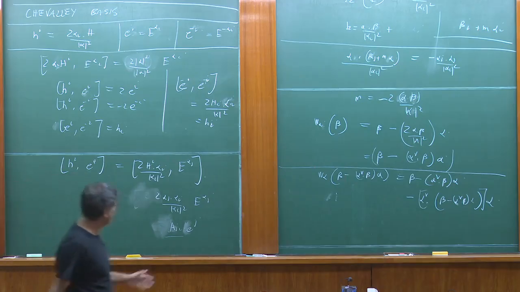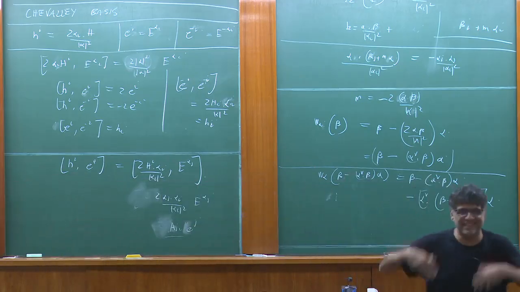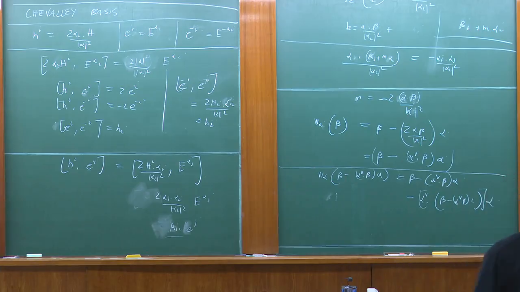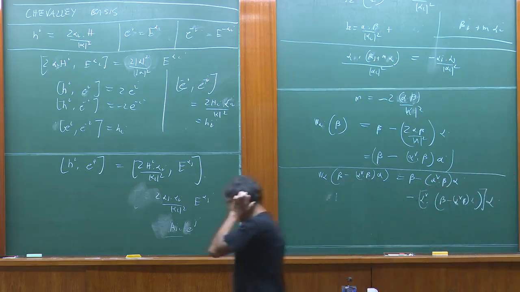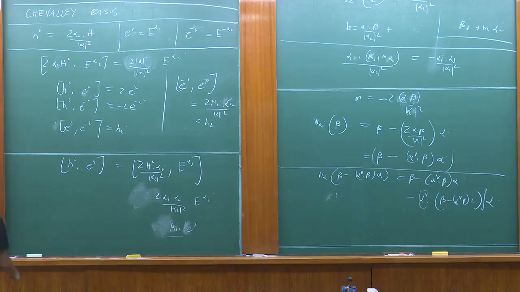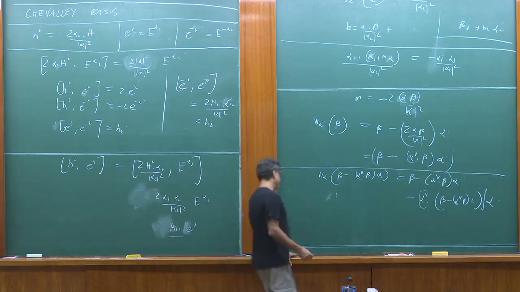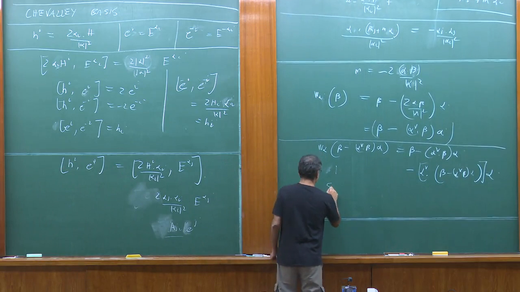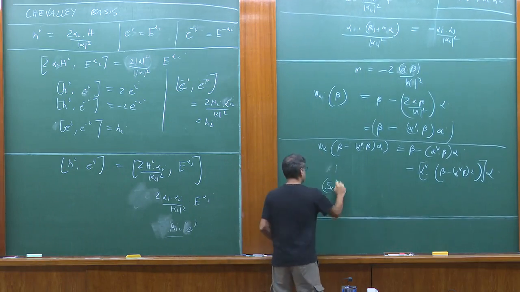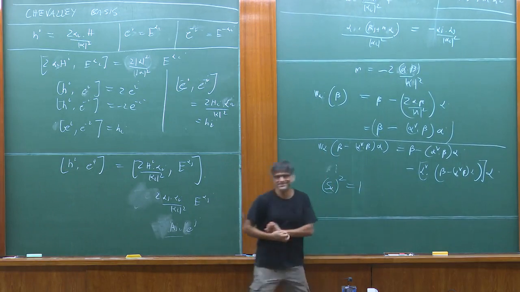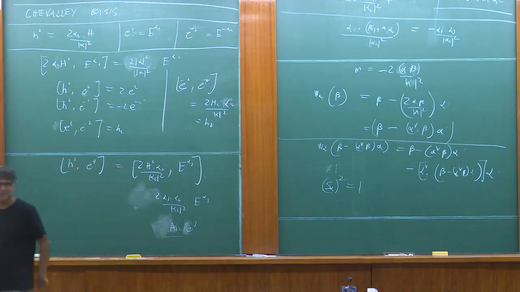I will leave you to check that this gives you back beta. This is some algebra you can do. Clearly it has to work. So if you take any Weyl reflection by alpha, sometimes called S alpha, clearly S alpha squared is equal to 1, more or less by the definition of what this Weyl reflection was.